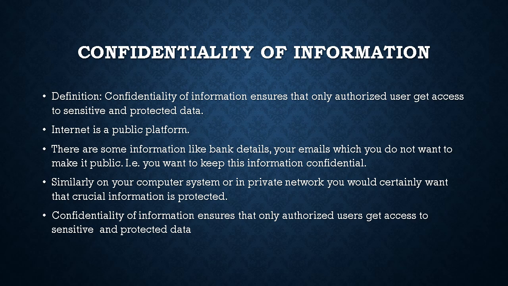You don't want to show them to anyone. They need to be protected. Confidentiality of information ensures that only authorized users get access to sensitive and protected data. For example, only your trusted friend or your trusted website can access your information, which is nothing but sensitive and protected data.